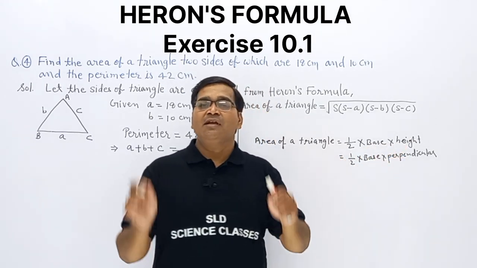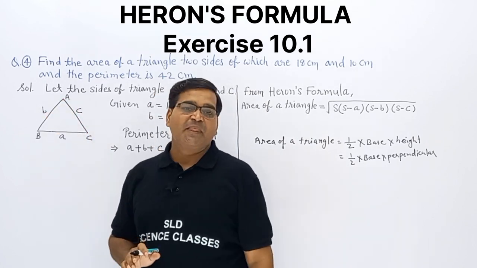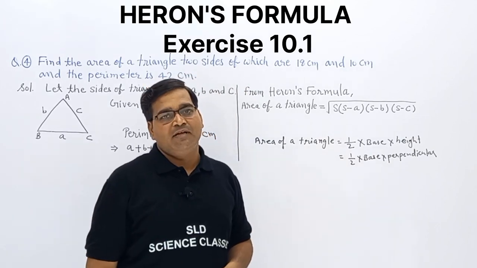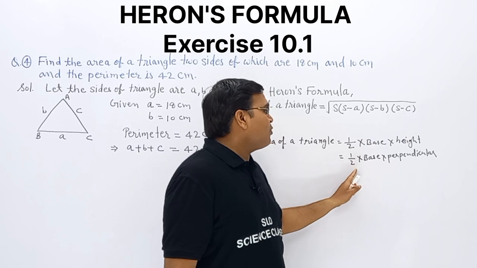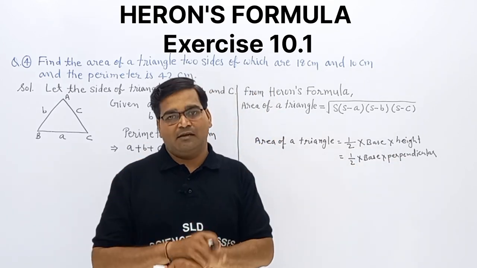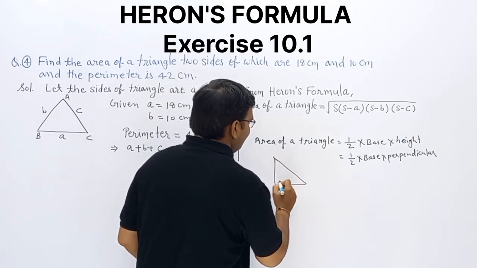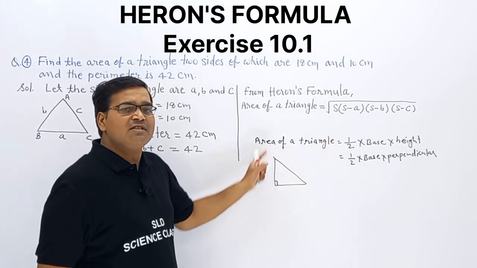Once we have the height of a triangle, if the triangle is given and its height is also given, then we can use this formula, 1 upon 2 base into height. And this formula, 1 upon 2 base into perpendicular, is used for a right triangle, in which one side is the perpendicular. Perpendicular means this is the height.